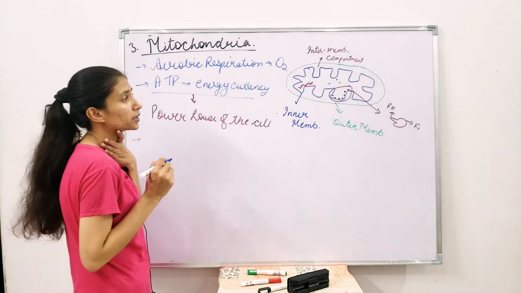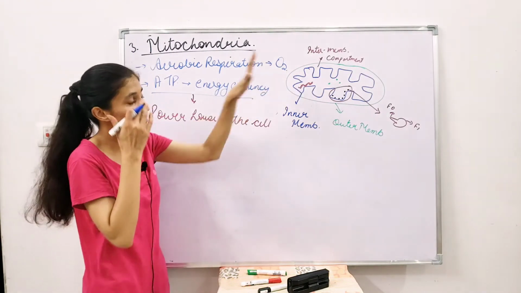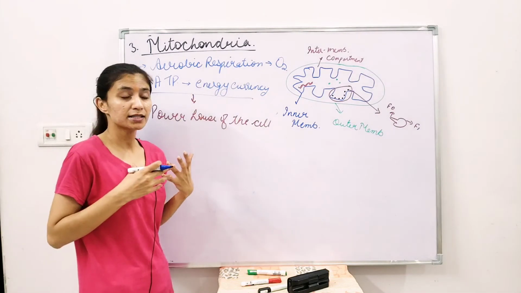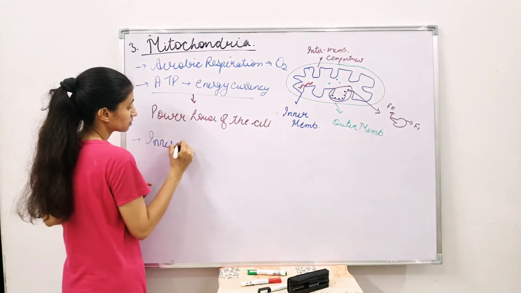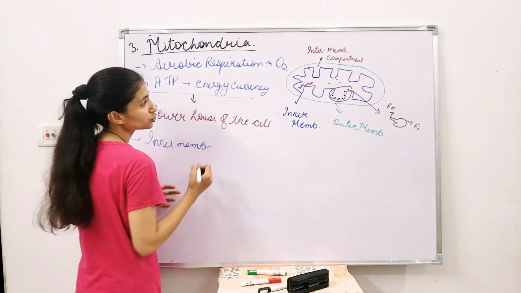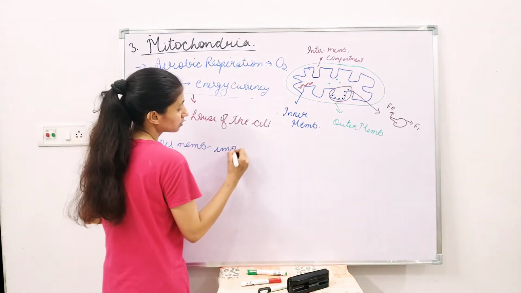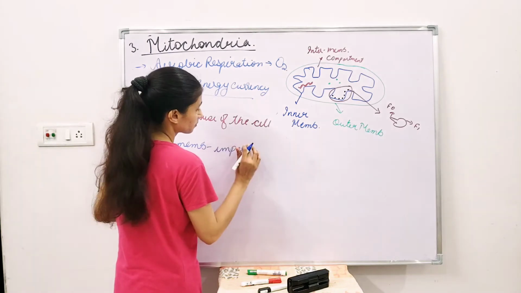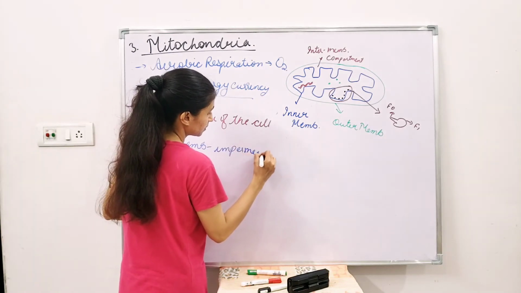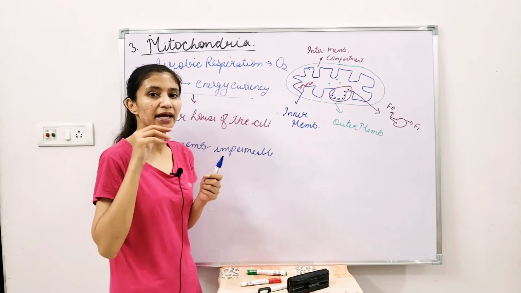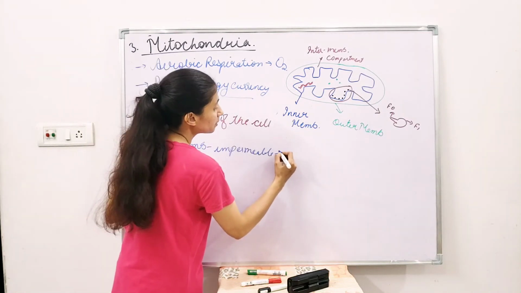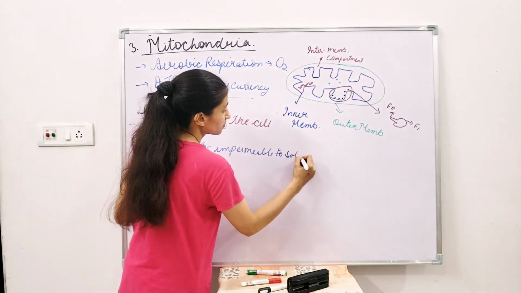As I told you, it contains enzymes. Now if you look at the inner membrane, the inner membrane is impermeable. When I say impermeable, it will not permit anything, especially solutes.